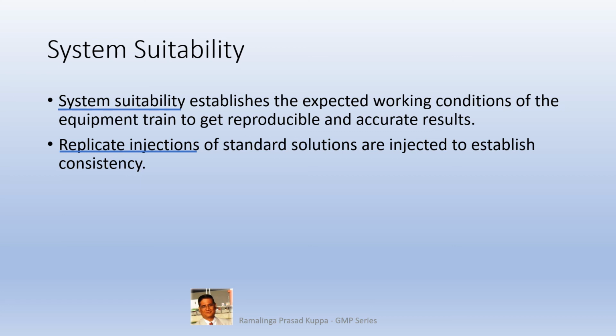Suitability of the data generated from replicate injections is evaluated for precision using statistical tools. Unless otherwise specified in the individual monograph, data from 5 replicate injections should have less than 2% RSD and more than 2% RST if the data is from 6 replicate injections.